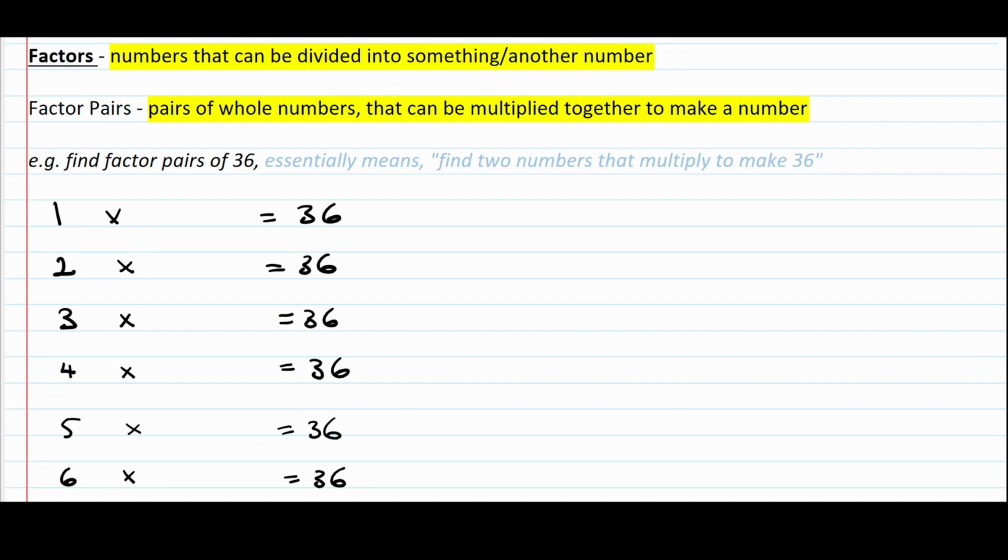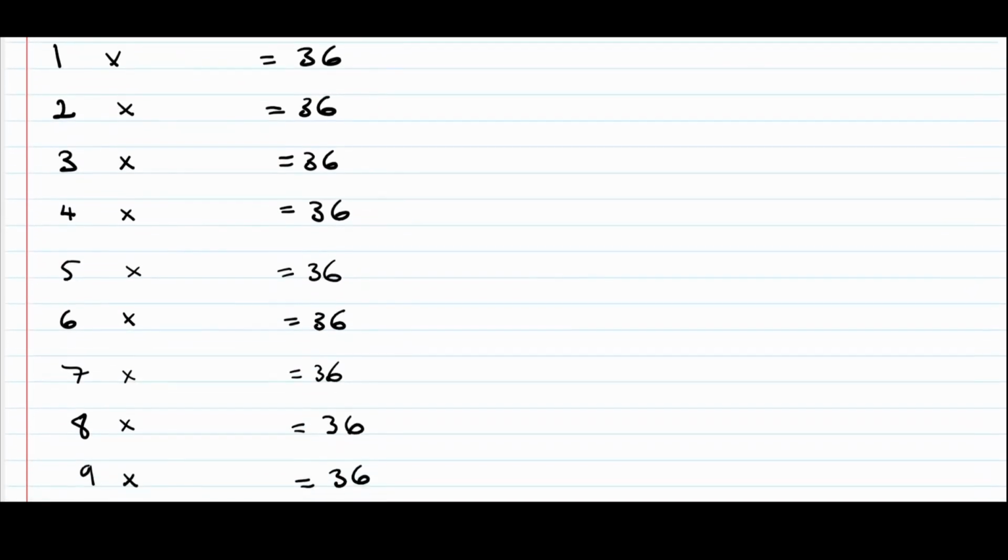Pretty easy. So if we just start off here, like I've written down, 1 times something will give you 36. And if we do 36 divided by 1, what do we get? We get 36.